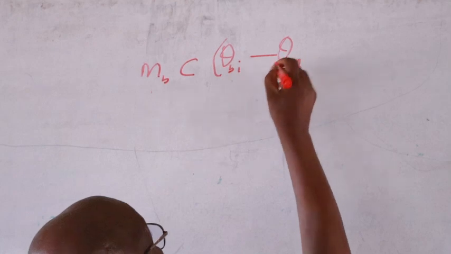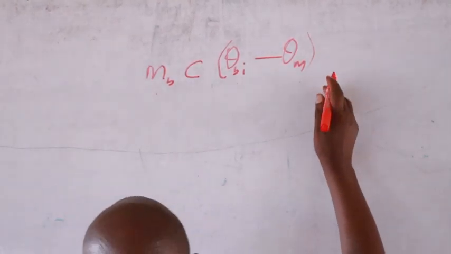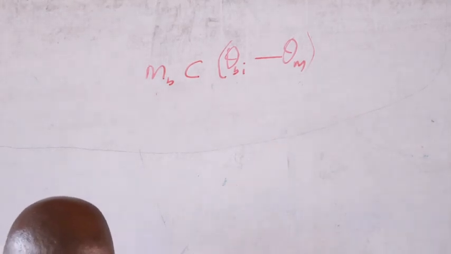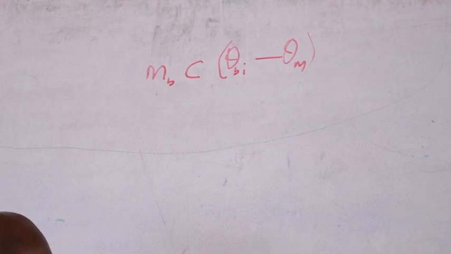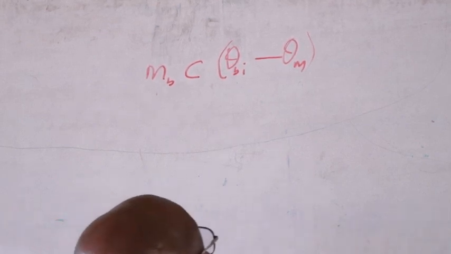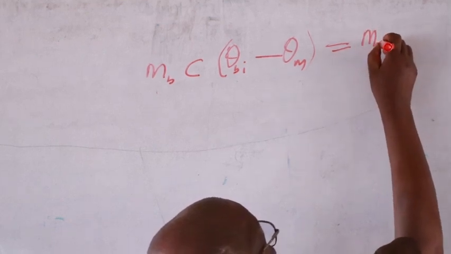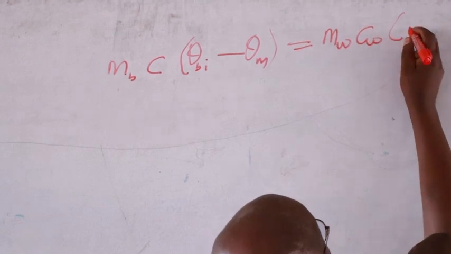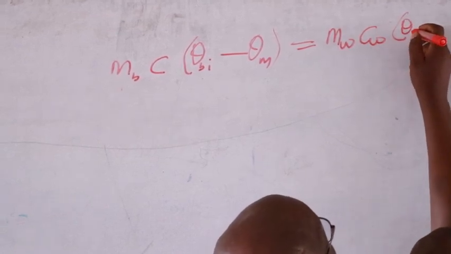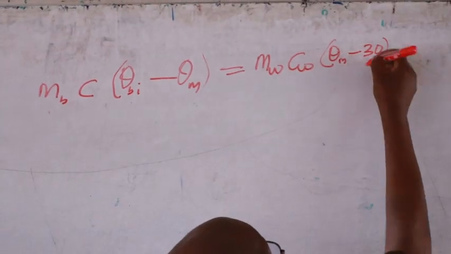That's theta M. You must have indicated mixture temperature, which is actually what you are looking for. The question says you have to calculate the mixture temperature, which is final temperature, and that will be equals to mass of water, the capacity of water. Change in temperature of water will go from 30 to mixture temperature.